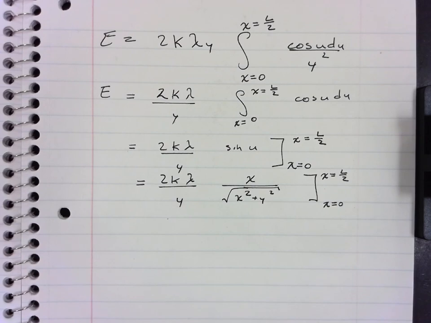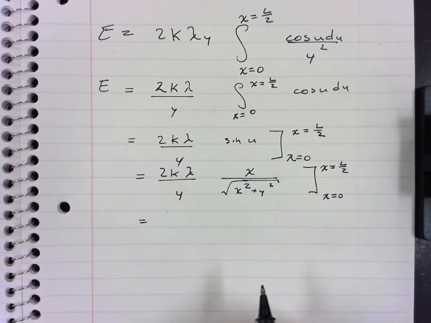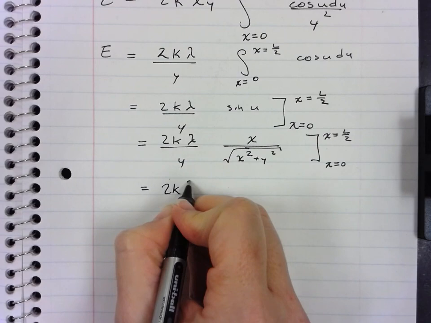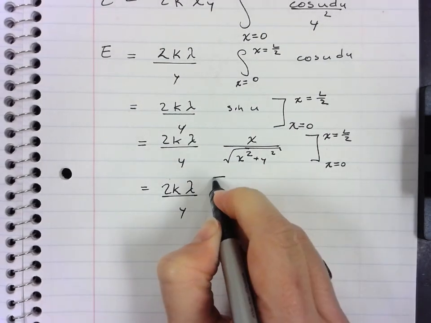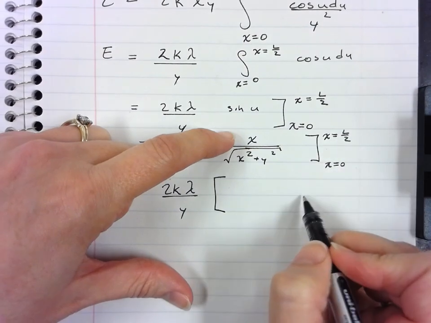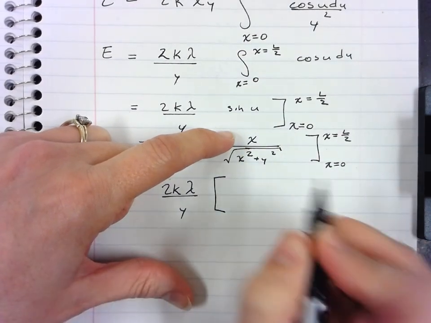So I'm going to keep all of my constants out front as I do my evaluation. So 2k lambda over y, big bracket, substitute an x both places with L over 2, subtract substituting in 0 from both places.